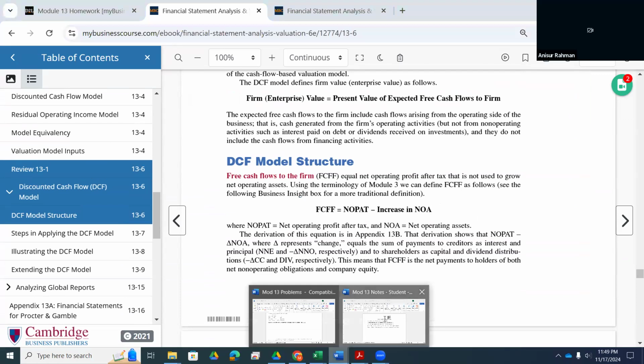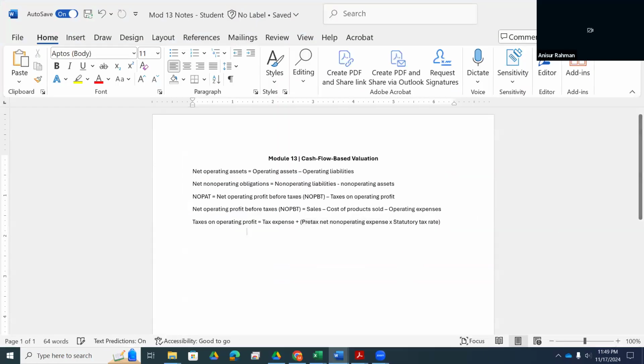So I'm going to write this down. So under DCF, or discounted cash flow, free cash flow to the firm is equal to your NOPAT minus increase in net operating assets.